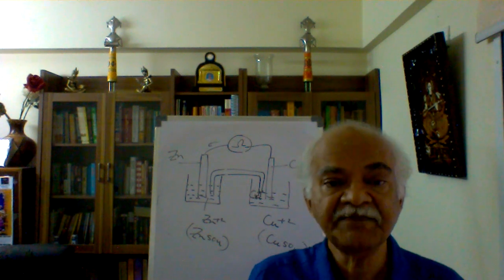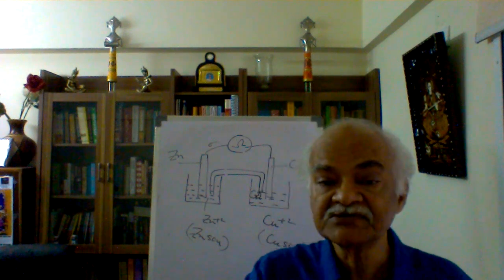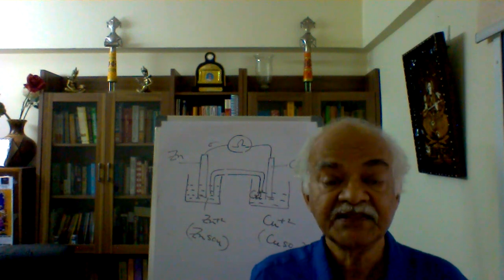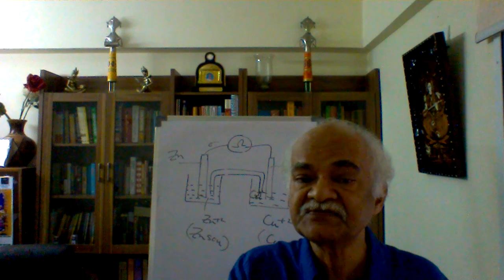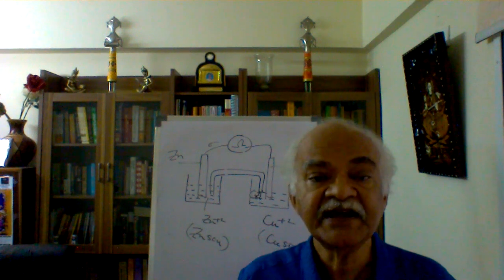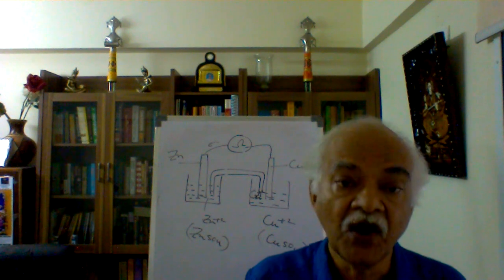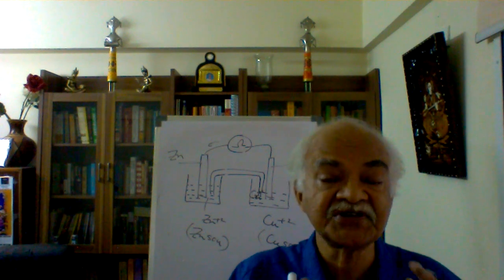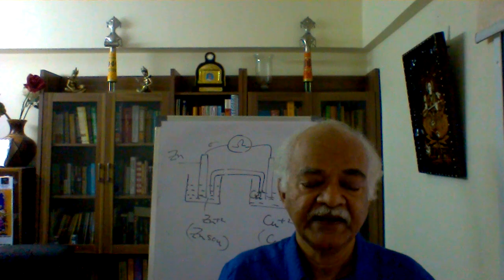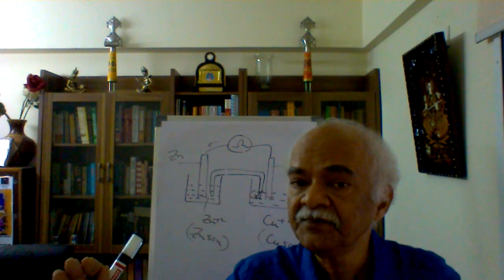The first thing that you must keep in mind is, electrons are moving because there is a slope. This movement of electrons is indicated by the term electromotive force or electrode potential. I am repeating. Is electron moving from zinc to copper? Yes.